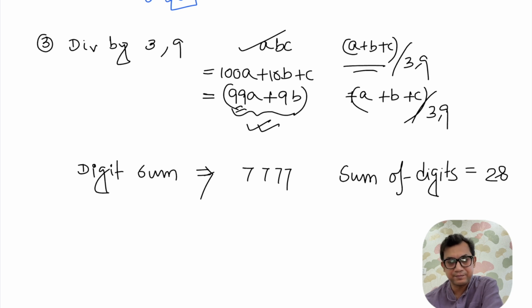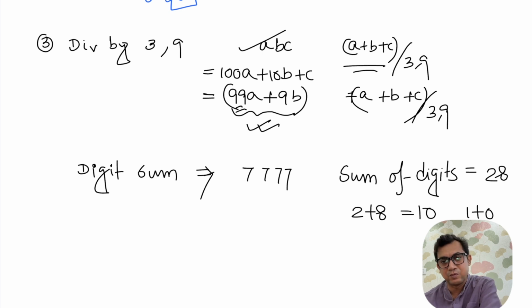Now what is digit sum? Whatever 28 you have got, the digits of 28, that is 2 plus 8, can further be added. I got 10. And again, the digits of 10 can further be added. 1 plus 0 is 1. And now I cannot add further. So this is what is called the digit sum, DS.